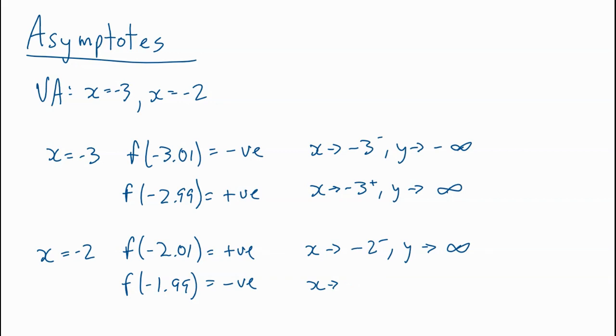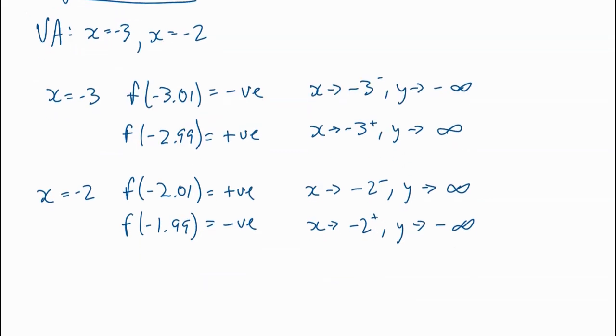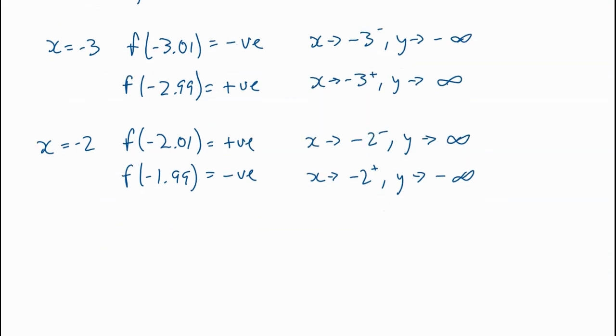Okay, now this one's oblique asymptote. So what's the process for that?